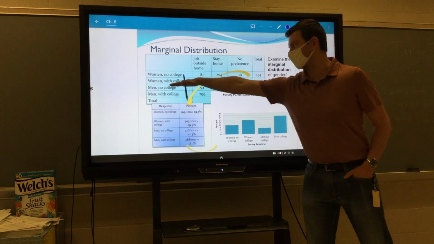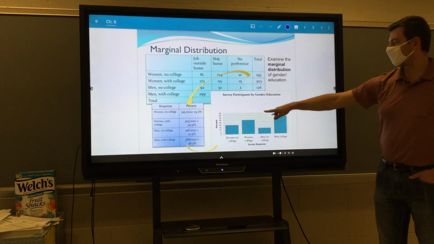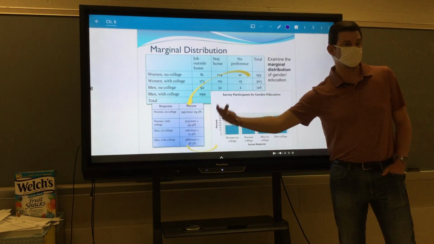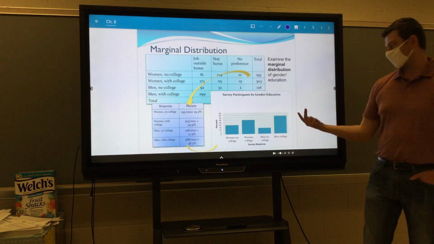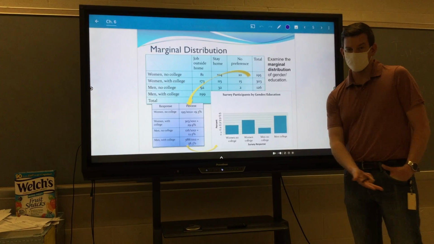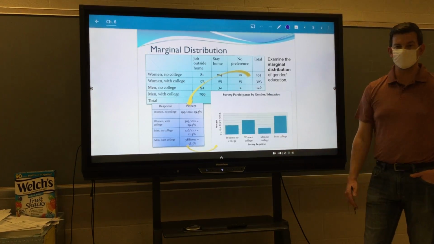We could do that with each of these rows by just taking that row total divided by the overall total, and we get all of those percentages that add up to 100%. You can represent this visually with a bar graph or parts of a whole. A pie chart would also be a good representation right here.